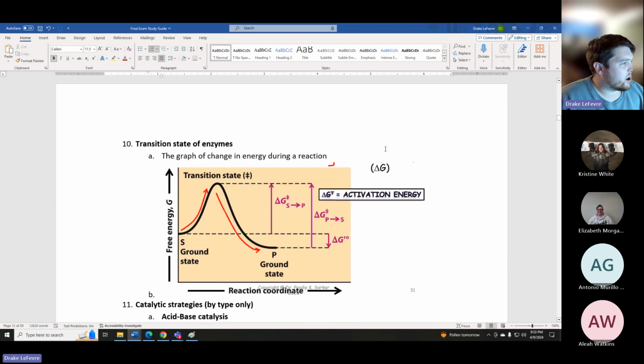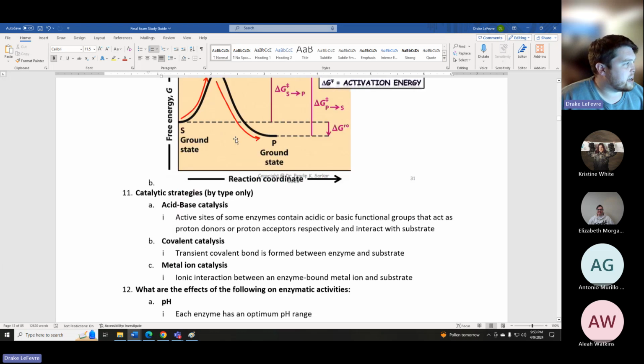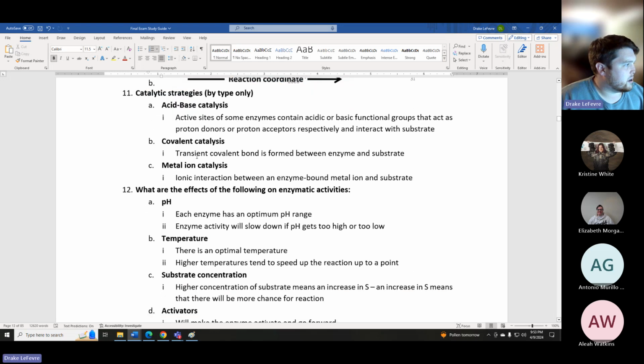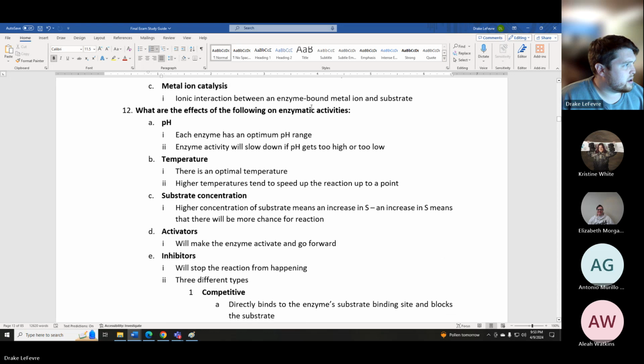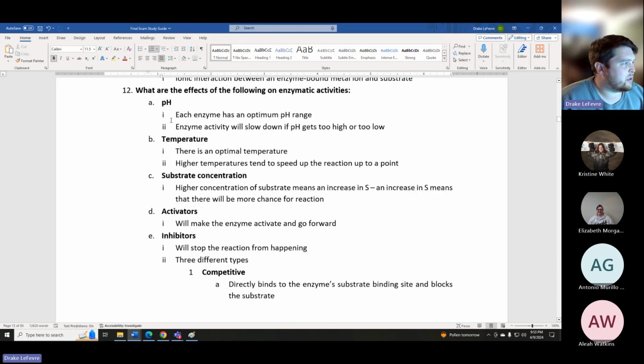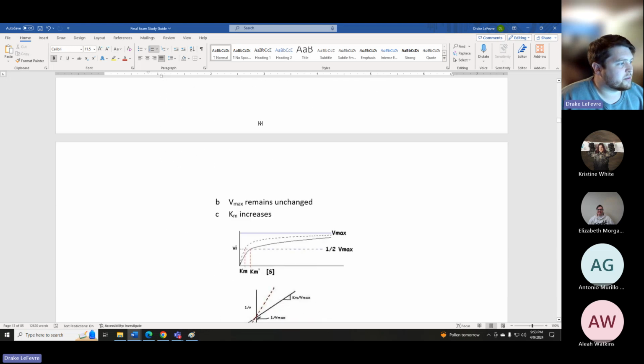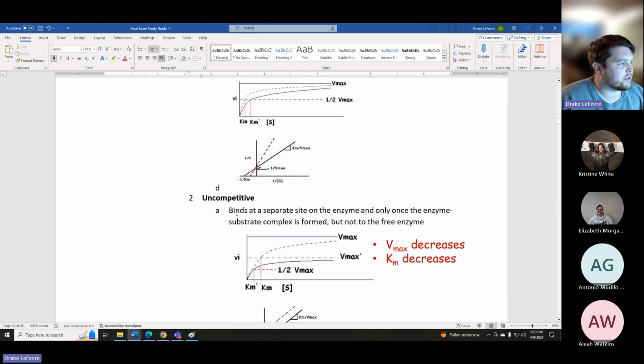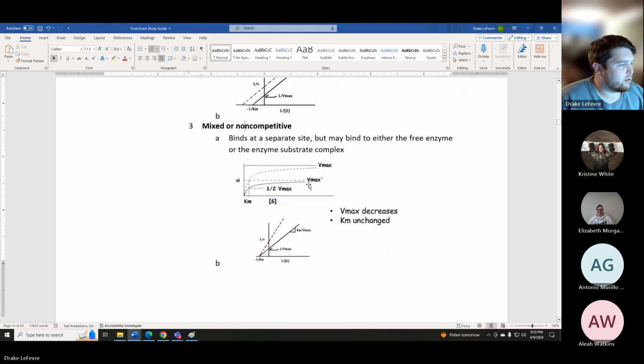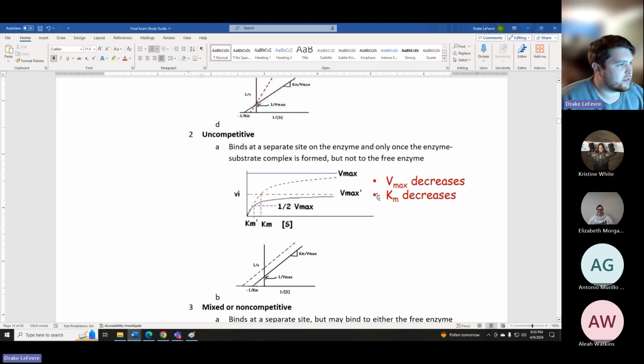Generally, how enzymes work, they lower the activation energy. Things that affect enzyme activity: pH, temperature, the substrate concentration, activators, inhibitors. Here's that competitive versus uncompetitive or non-competitive stuff.